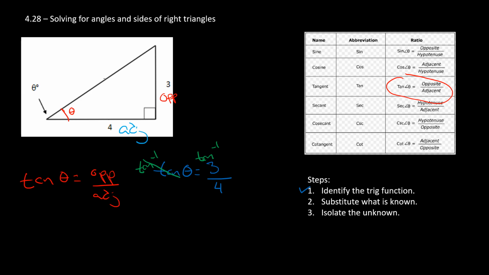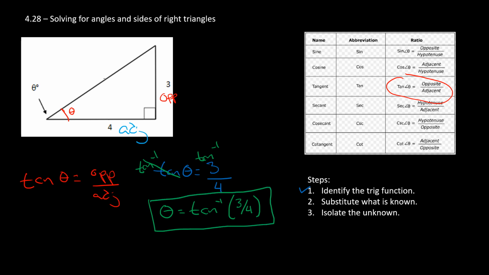These simplify out, and we're left with theta equals tangent inverse of 3 over 4. So just like the last two problems. I hope this is getting a little easier for you all. The process is pretty much the same.